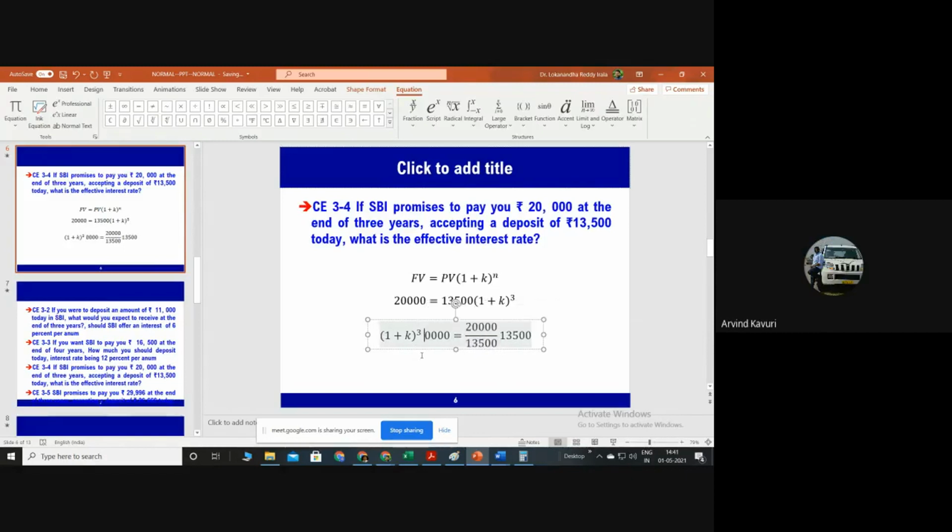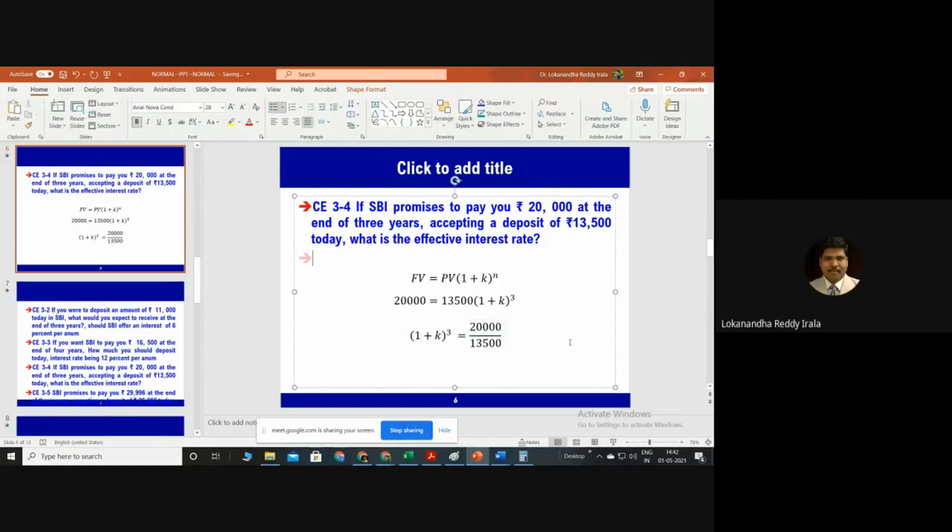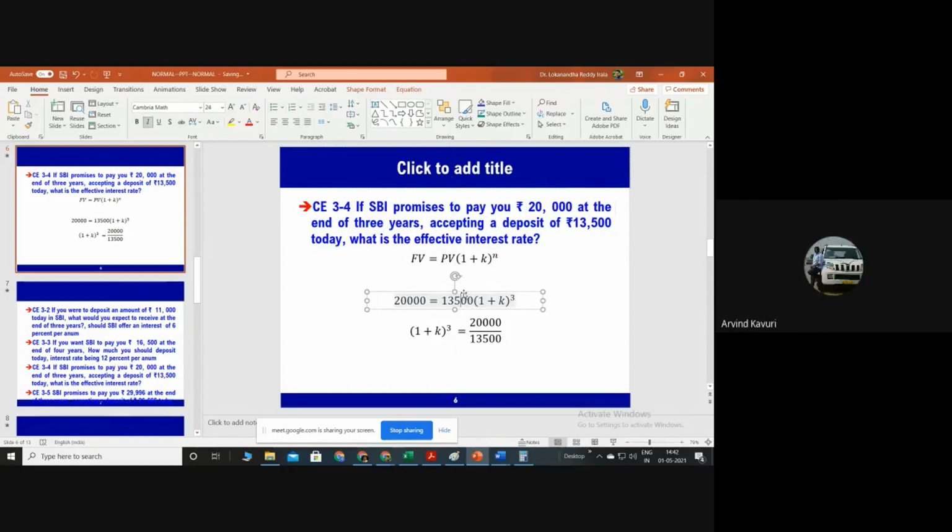That is 1.481. Right? 1 plus k whole to the power of 3 is 20,000 divided by 13,500, which is 1.481. Just go step by step.